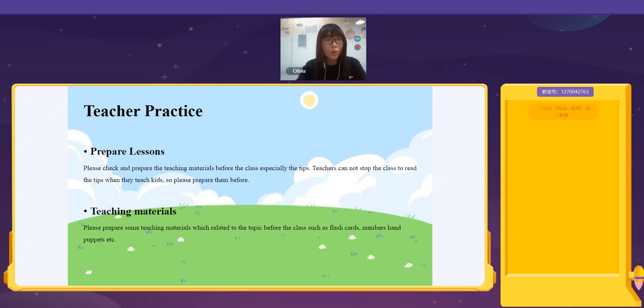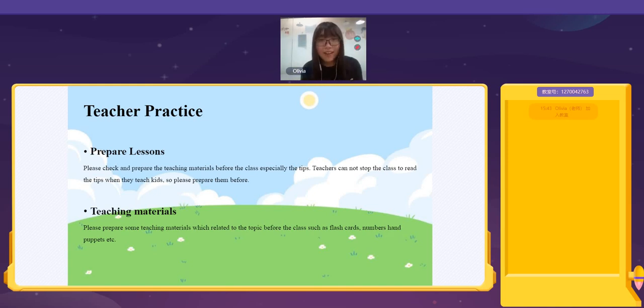And then it's our teaching materials. Please prepare some teaching materials related to the topic before the class, such as flashcards, numbers, hand copies, and hand puppets.